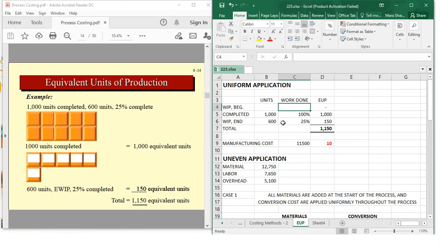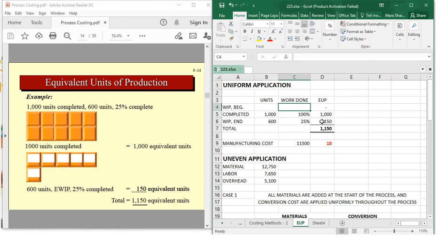So again, under uniform or even application, it is assumed that materials, labor, and overhead are applied evenly and proportionately from the start of the process to the end of the process. With that being the case, only one equivalent unit of production is computed, and this equivalent production is applicable to all cost elements. So again, the same EUP applies to your materials, labor, and your overhead.